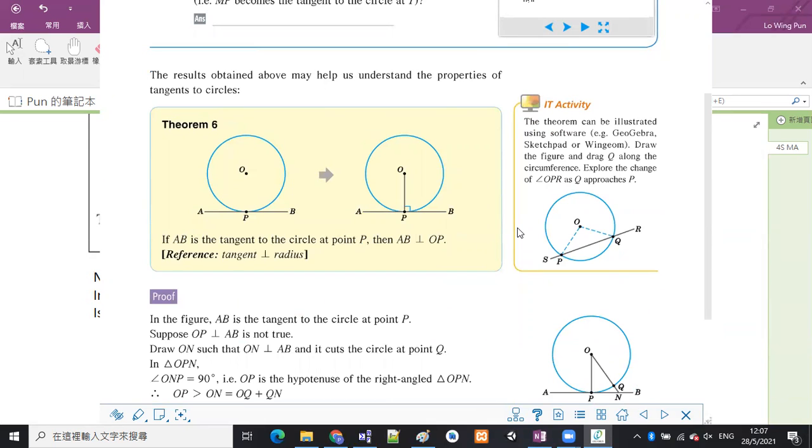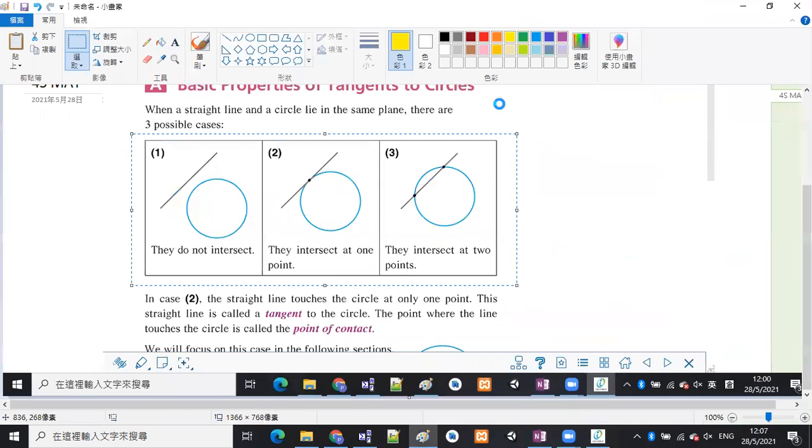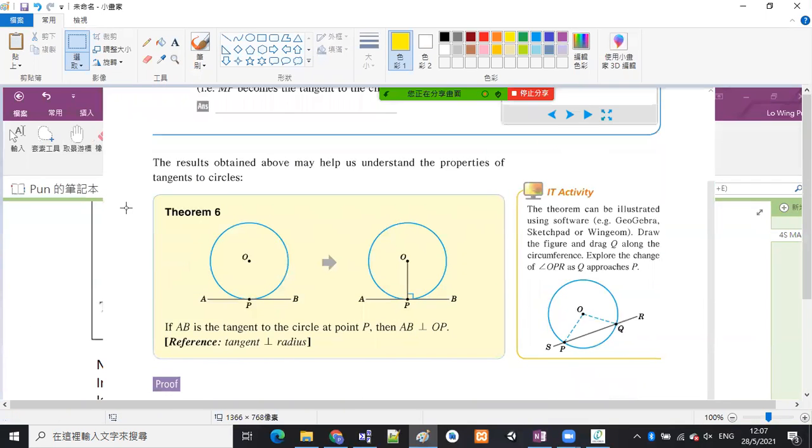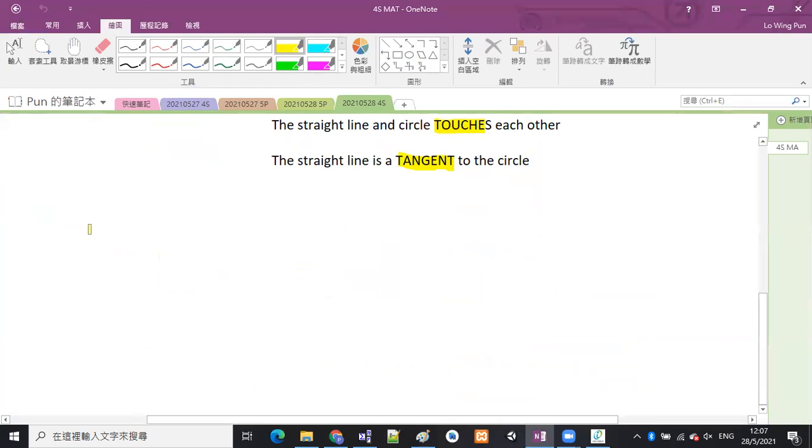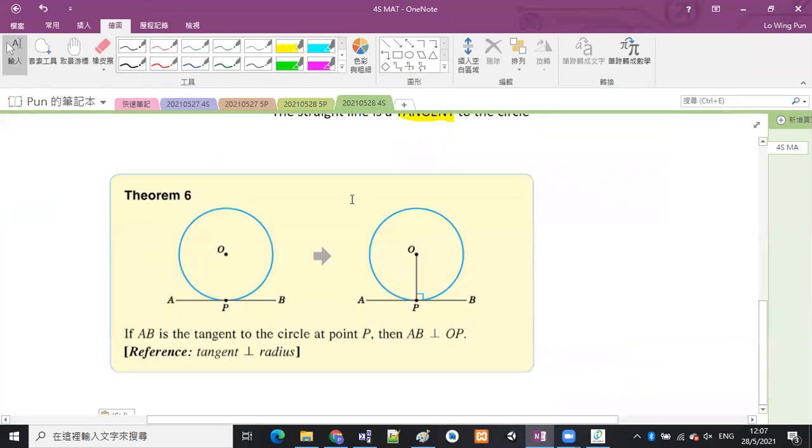First one is actually very easy to remember. Theorem 6. So, if there is a circle and a straight line, and it is given that that straight line is a tangent to the circle, and they touch the circle at point P, which means that P is the point of contact.